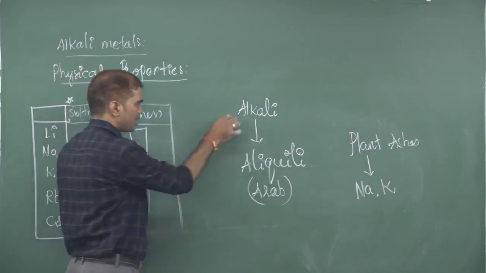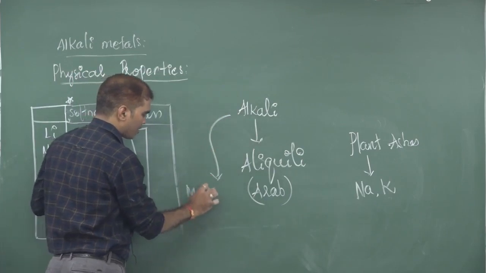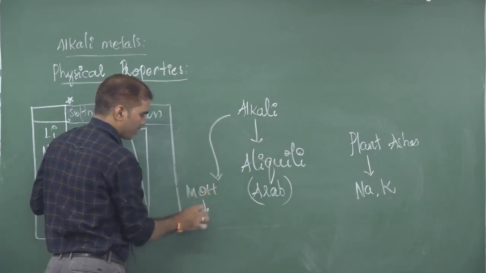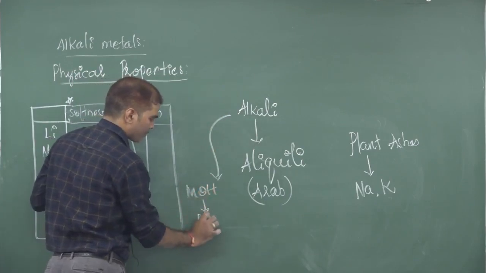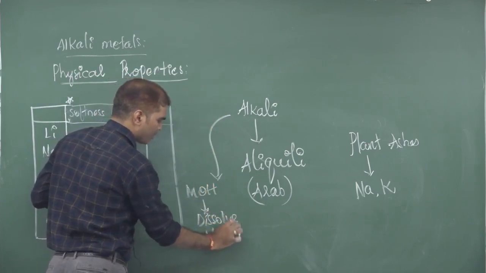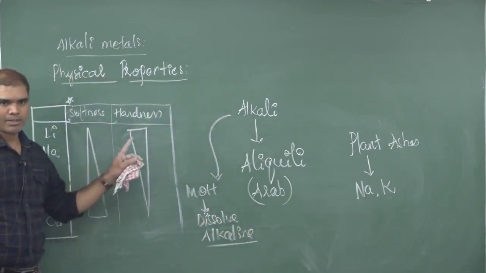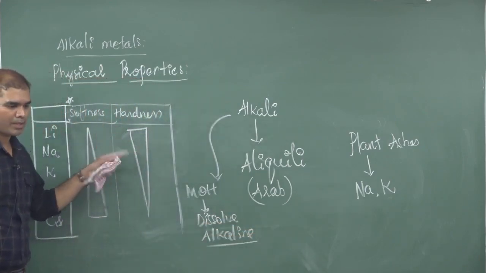But we also use this name in a different way. Suppose I take the metal hydroxides and dissolve them in water, and these solutions will be alkaline in nature. So for this reason we call them alkali metals. Okay, this is another reason. You can note down that extra point also.